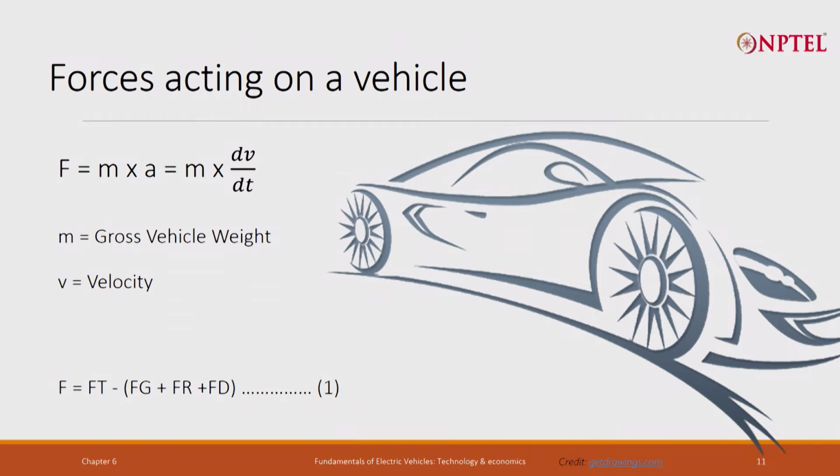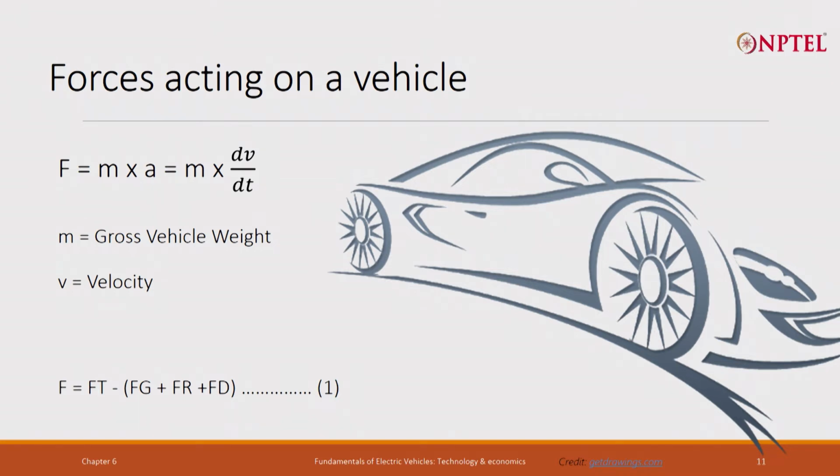Fg is the gradient force, Fr is the rolling resistance friction, and Fd is the air drag. After all of these three claimants have taken away some part of the traction force, what we are left with is F, and that F is what contributes to the acceleration of the vehicle. So far, is everything clear? No problem? So, let us move on.